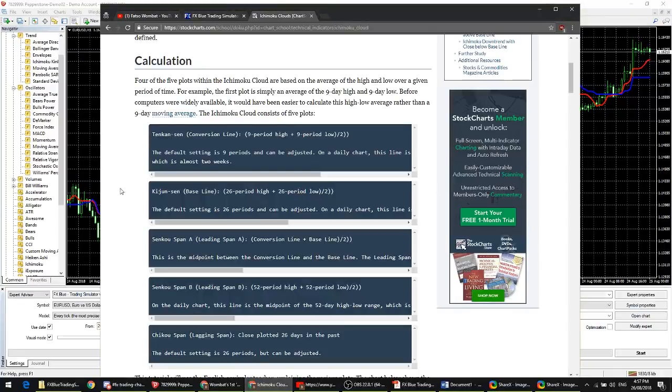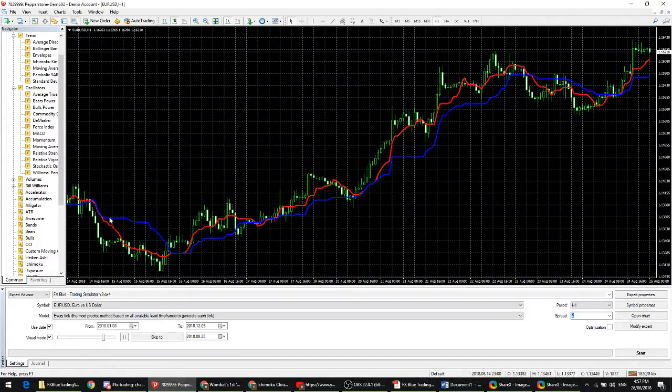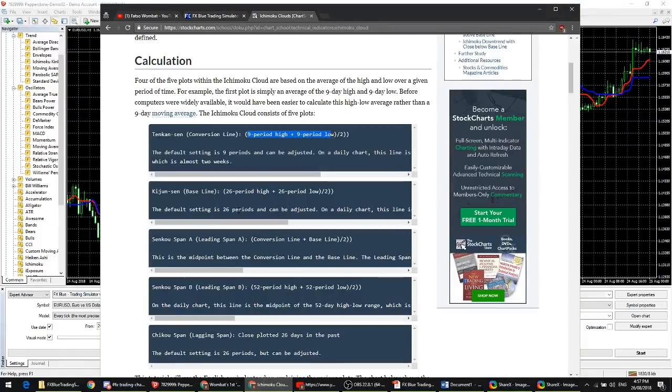And they measure 9 period high plus 9 period low divided by 2. So basically the average. So they're looking at the average of the last 9 periods. And then the other one is doing 26. 26 period high plus 26 period low divided by 2. So it's getting the high and the low.